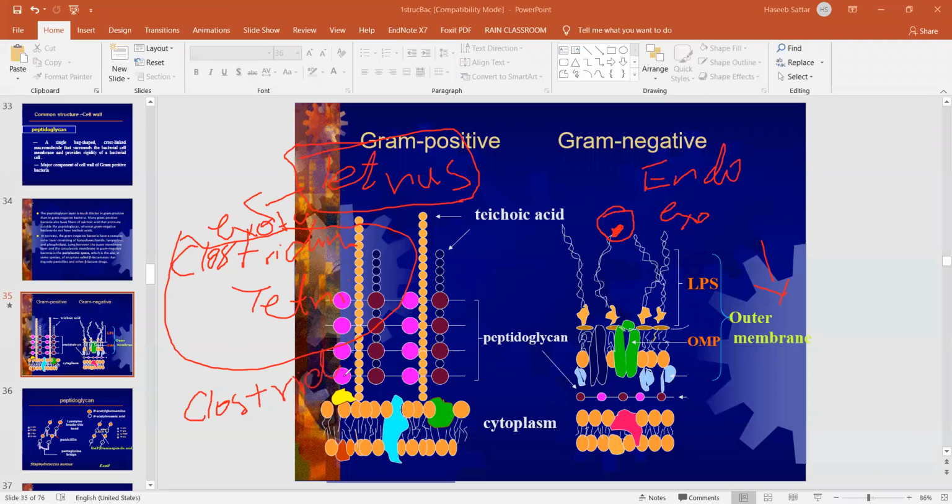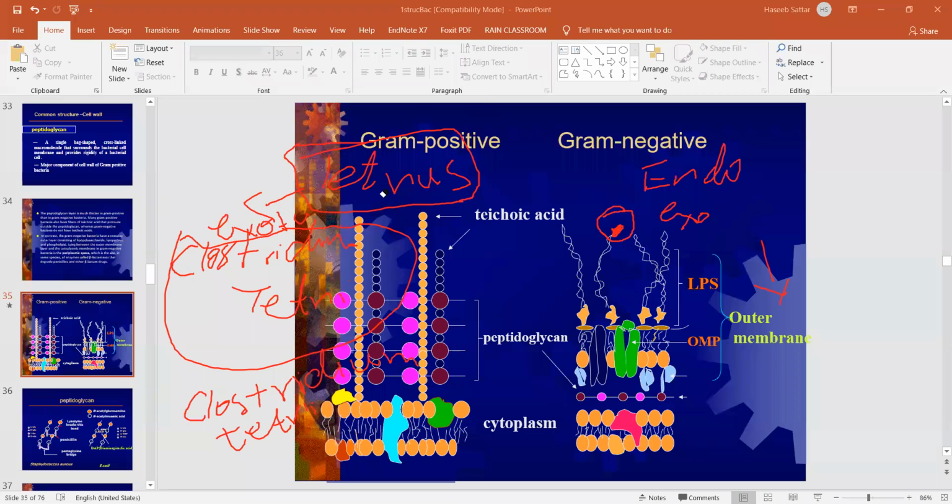This bacteria produces an exotoxin that circulates in the blood, and that will cause tetanus. It's a neurotoxin because it blocks the inhibitory neurotransmitters.